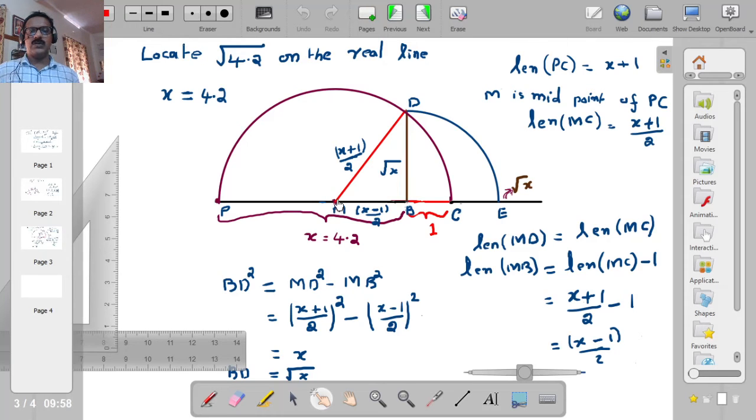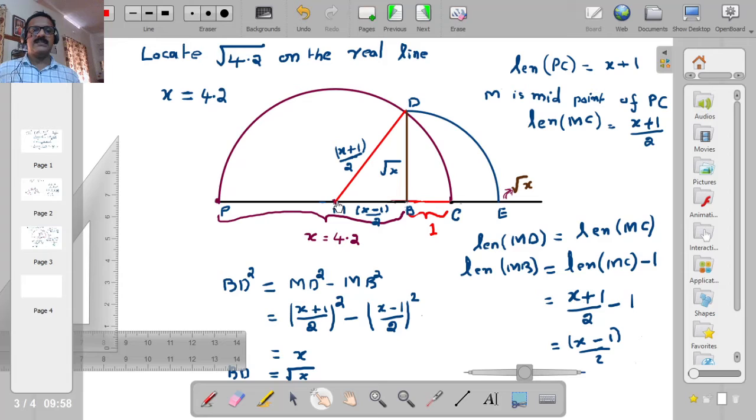The length of PC is 5.2, and the midpoint will be at a distance of 2.6 units away from P, and the midpoint M is 2.6 units away from C as well.